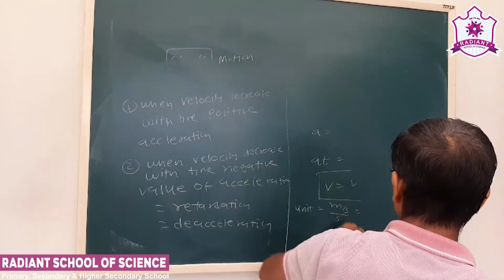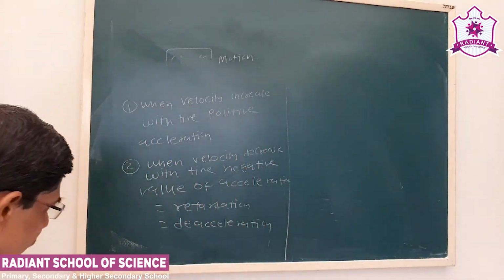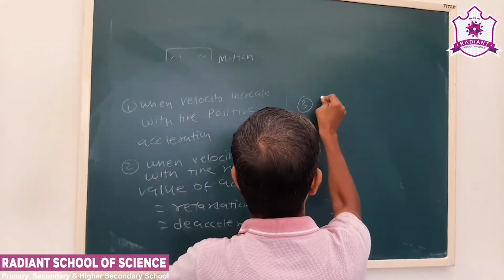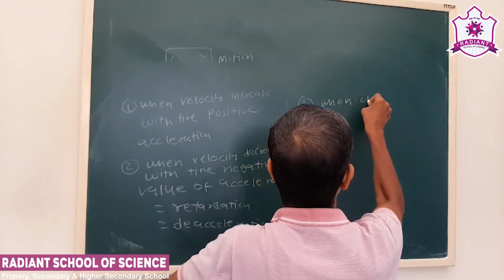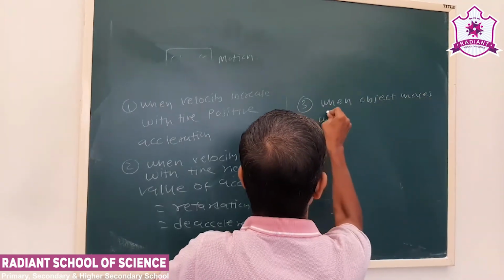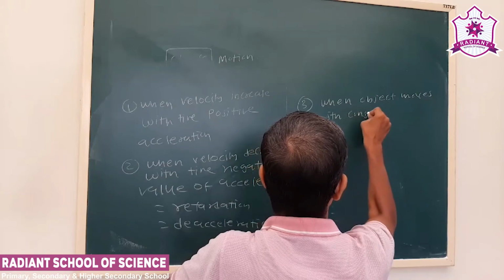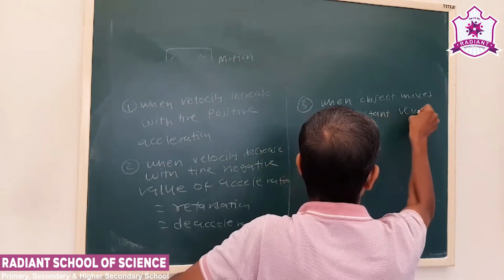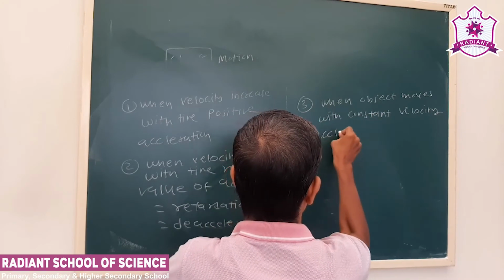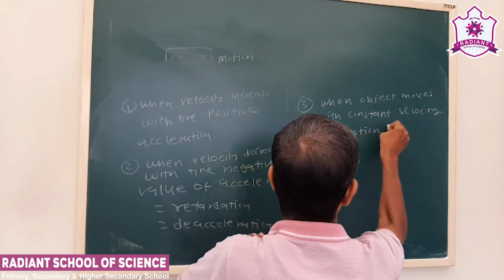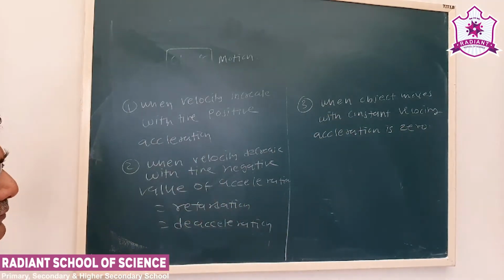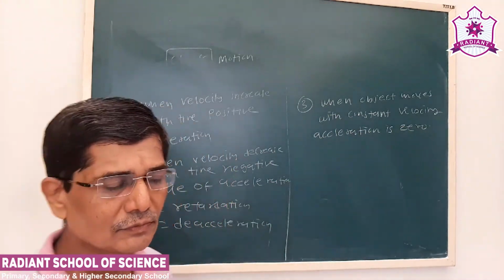Now see, the object moves with a constant velocity. When the object moves with a constant velocity, acceleration is 0.